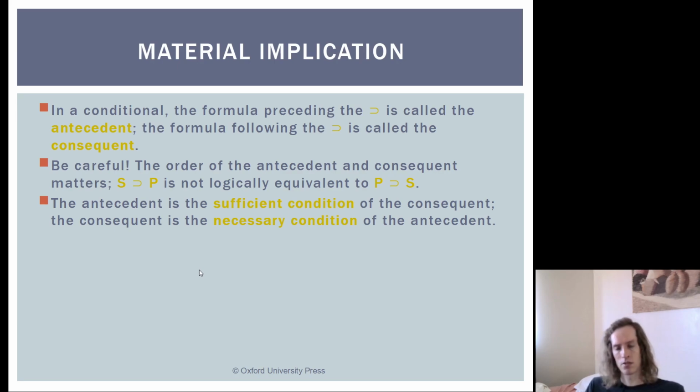However, red is not a necessary condition for being a primary color, because I could meet the conditions for being a primary color without any red whatsoever. For example, I could have yellow instead. So even though I can say if something is red, then it is a primary color, I can't say if something is a primary color, then it is red. It could be a different primary color.